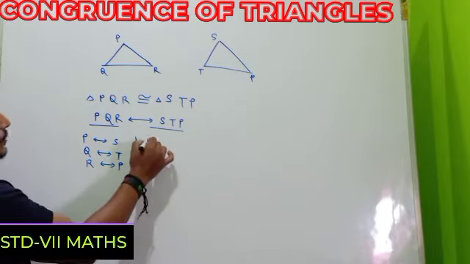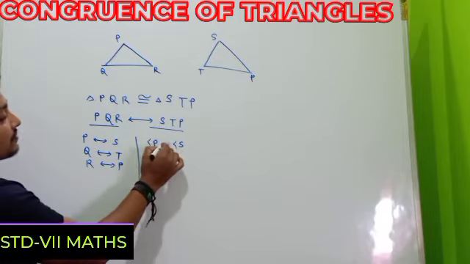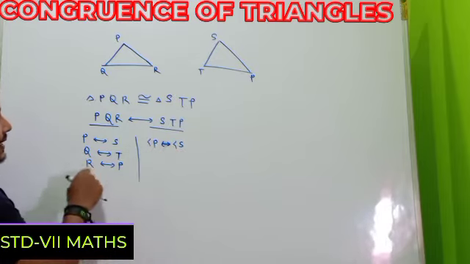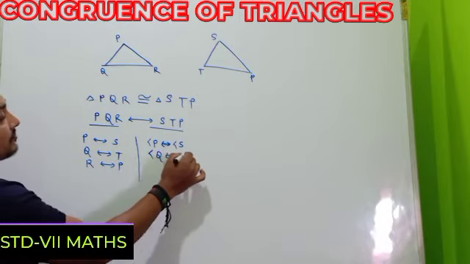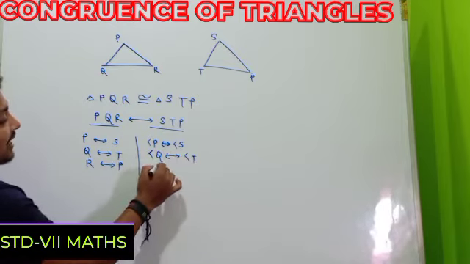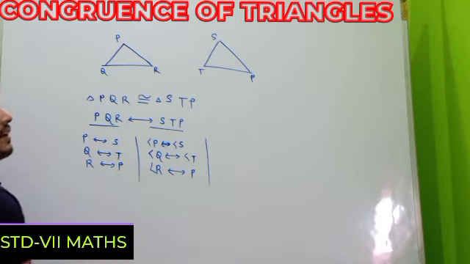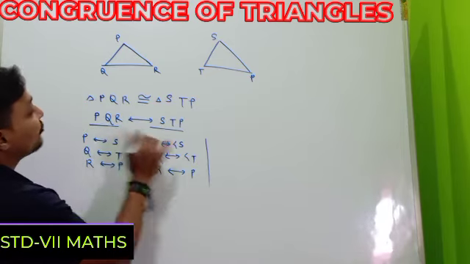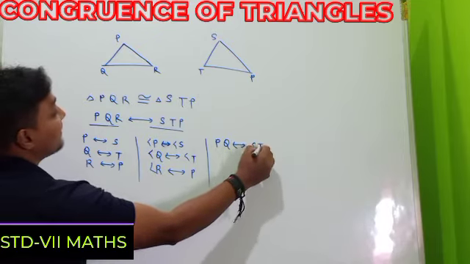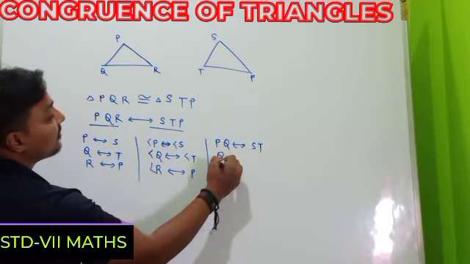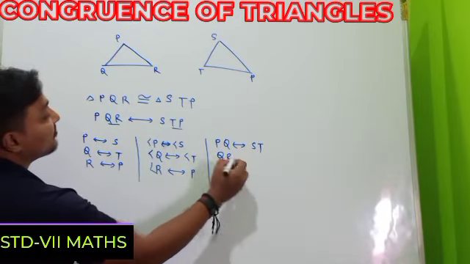Next, P angle is matching with S angle. Matching means equal also. Measure means equal. Then Q is matching with T, R is matching with P. Then after sides: PQ matching with ST, QR means second, third, matching with second, third.